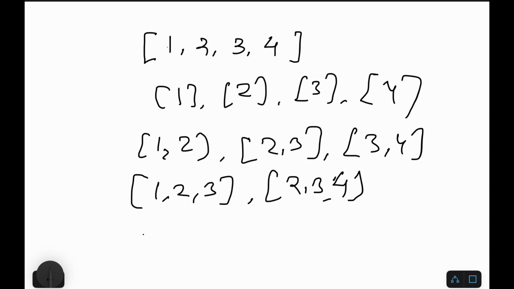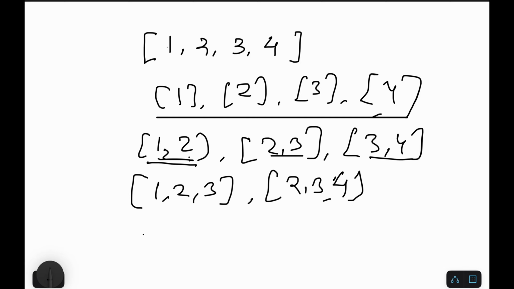As you can see, each one is a contiguous section. We divided the contiguous sections into one element each here. In the second, we are taking two elements at a time, and they are also contiguous. Like 1, 2 is contiguous, maintaining the order. Similarly, 2, 3 is maintaining the order. The third one is also the same thing.